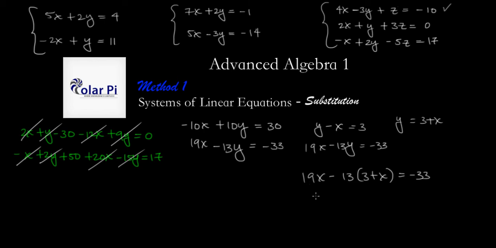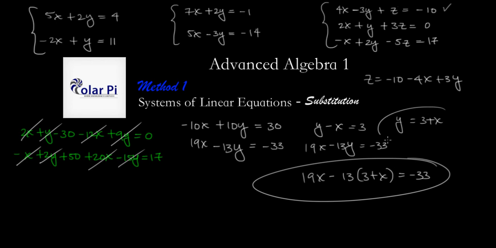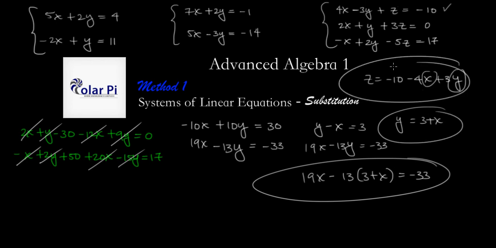And of course, once you simplify this equation and solve for x, you get x, and then you can come back here, get y, and then of course we went this path by knowing that z from the first equation equaled negative 10 minus 4x plus 3y. So if you get x through this and then you get y through this, well, you've got x and y, and therefore could get z.